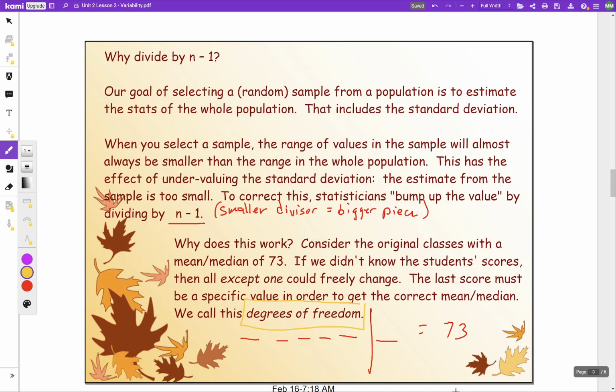It's the situation that in order for the sample to match the population, whatever the first 5 are, the last point has to be specific to get the mean, median, and yes, even the standard deviation to match. That means this last point actually isn't free. So that's why there's one less for degrees of freedom.